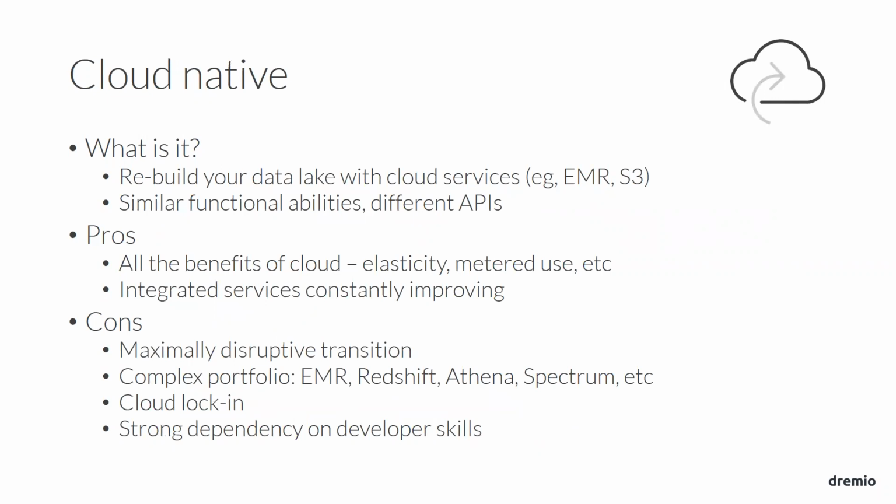It's running, for example, Amazon Elastic MapReduce and leveraging S3 for the storage layer, and really provides similar functionality to what you may have on premise, but different APIs, of course. The advantage here is that you're taking advantage of all the benefits of the cloud, the elasticity, the fact that you can spin things up and down and pay for only what you use, down to the minute level granularity these days.